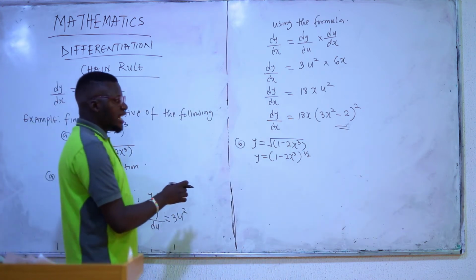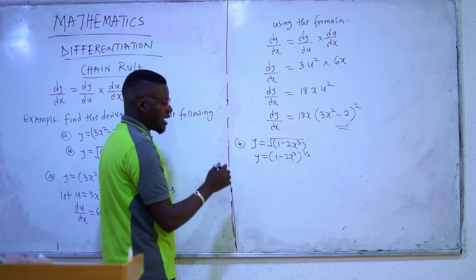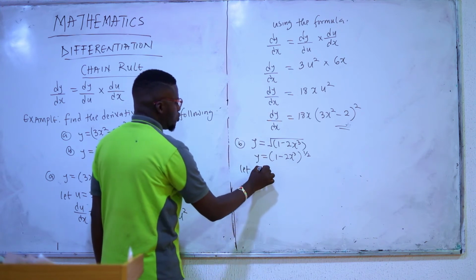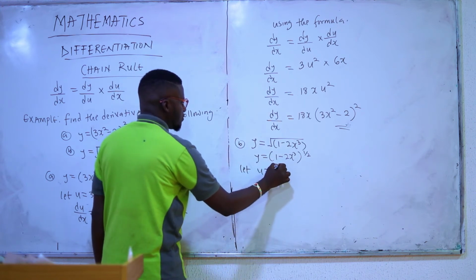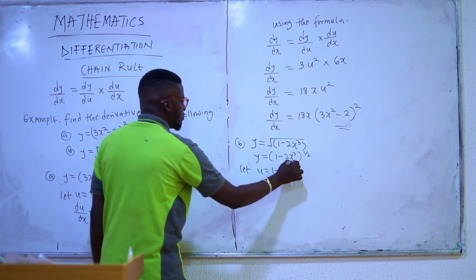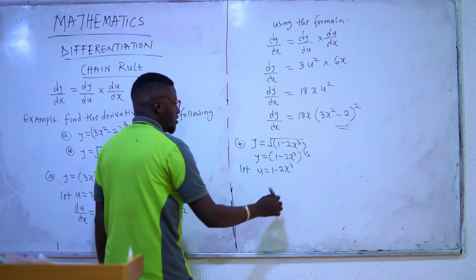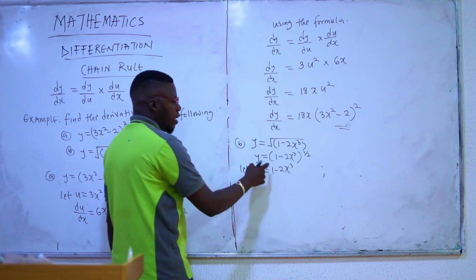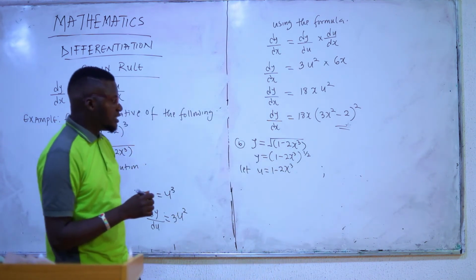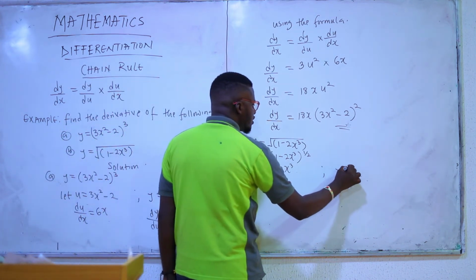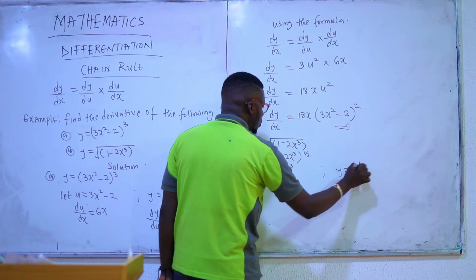From here, let my u be equal to what is inside the bracket. So let u be equal to 1 minus 2x raised to power of 3. Then my y becomes u raised to power of 1 over 2.